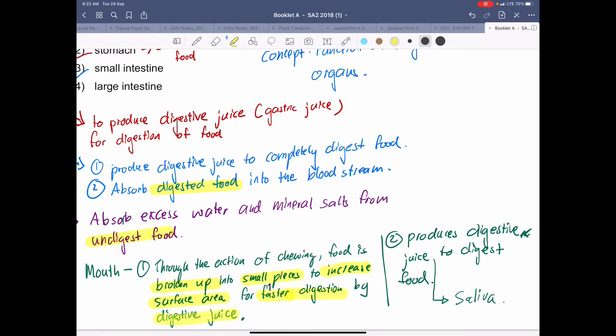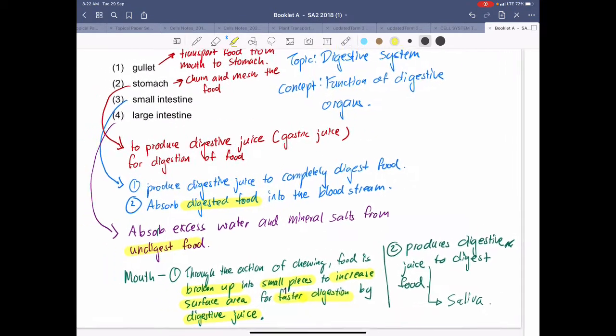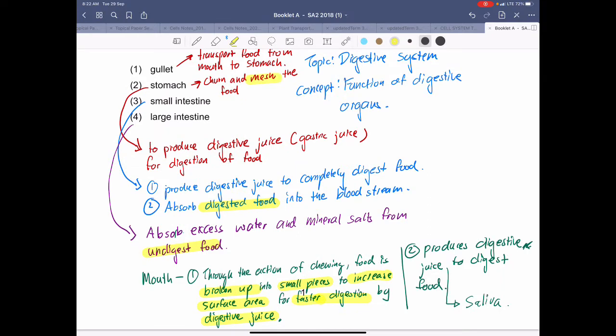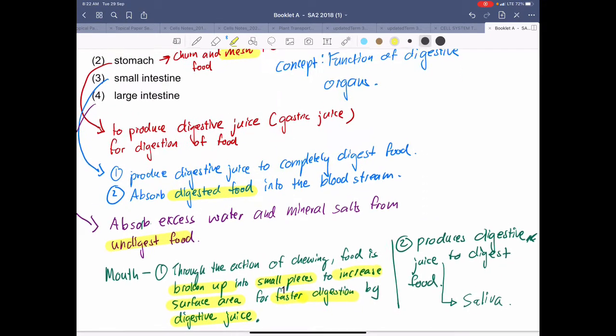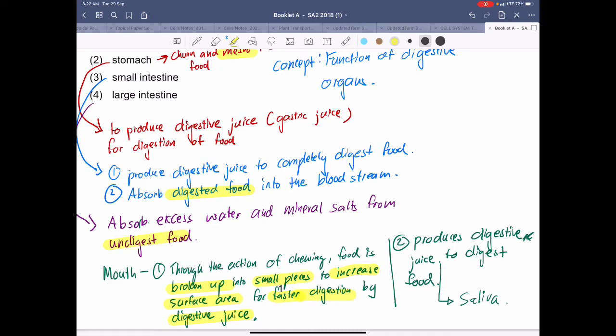By who? Digestive juice. Okay, so this reason is the same reason for your stomach. Remember your stomach, we say that it actually churns and mashes the food. So by mashing the food, you are also breaking it up. Okay?